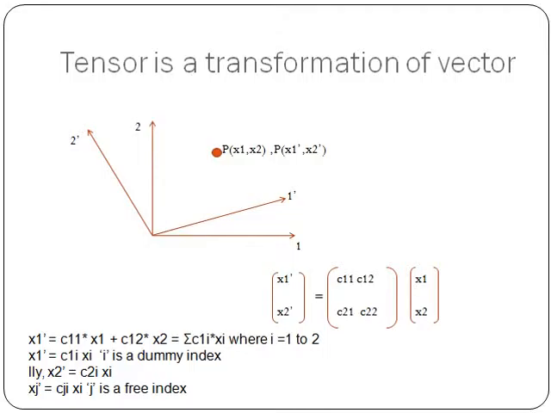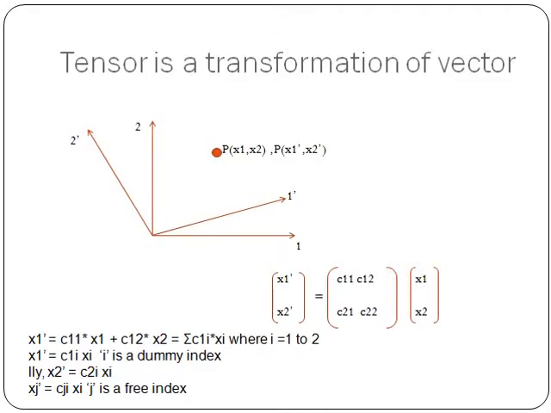So you just expand and you will get that. In Einstein notation, if you see c1i xi, the index i is repeating. Wherever an index repeats, it means summation. In 2 dimensions it sums from 1 to 2, in 3 dimensions from 1 to 3. So it should be c1i xi.